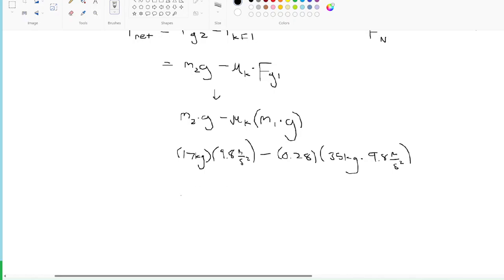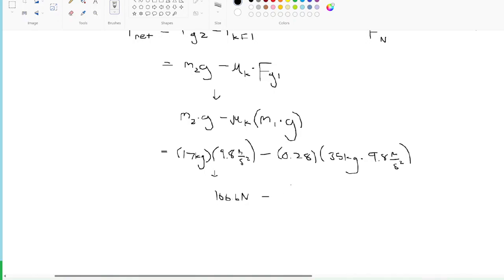And then we'll be able to calculate the net force. Let's go ahead and expand this. This is going to be equal to 166.6 newtons, my apologies, not 106.6.